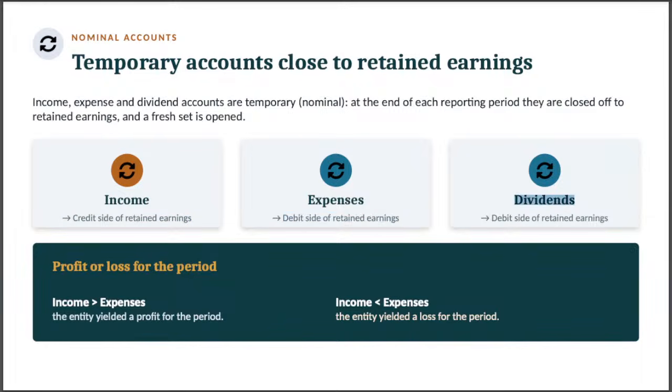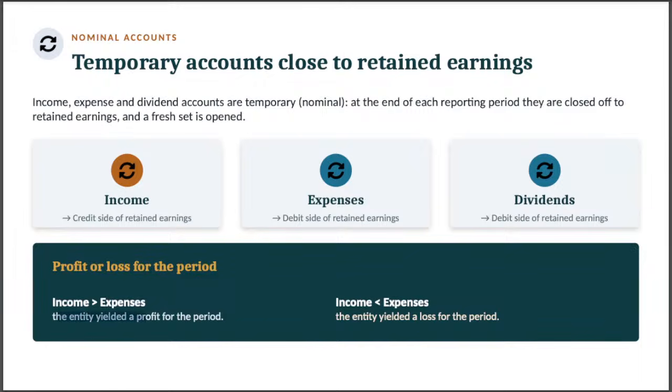And dividends go to the debit side of retained earnings. So these all go on the retained earnings account on their proper side. The income goes on the credit. Expenses, things you spent money on, go on the debit side. And the same with dividends. So our profit or loss for the period: income is greater than expenses.